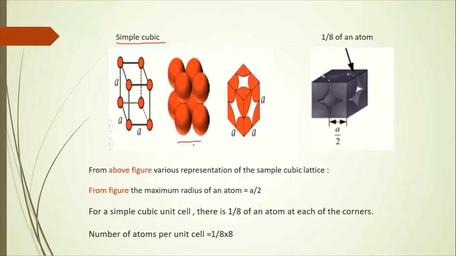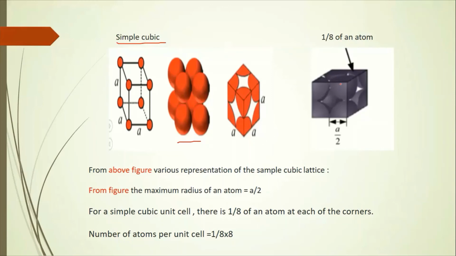From this picture we can also see how many lattice points there are in each unit cell. We look at one atom in this picture, and it belongs to several unit cells. Here it is 1/8 of the atom in total. Each of the eight corners contributes 1/8, and there are eight of them.